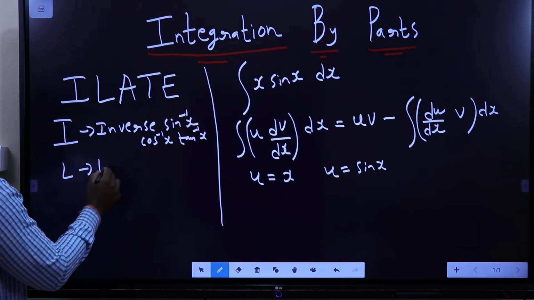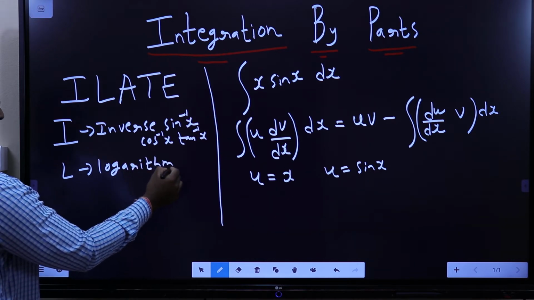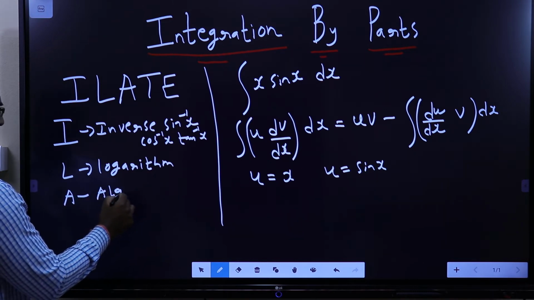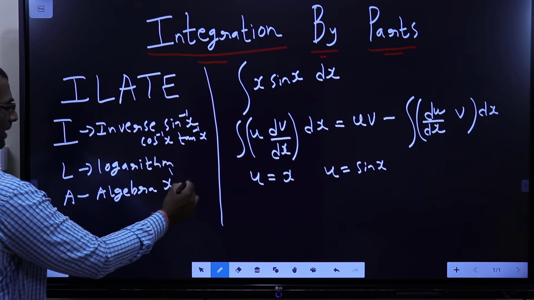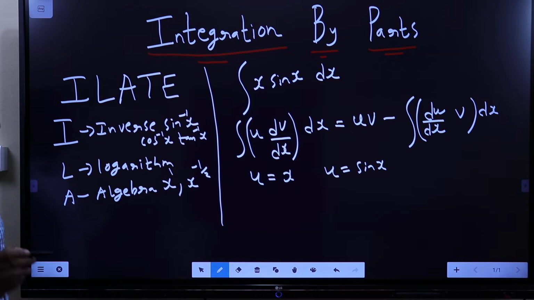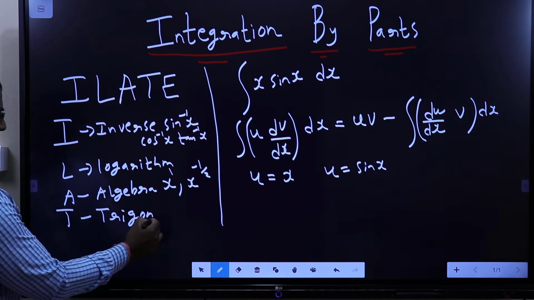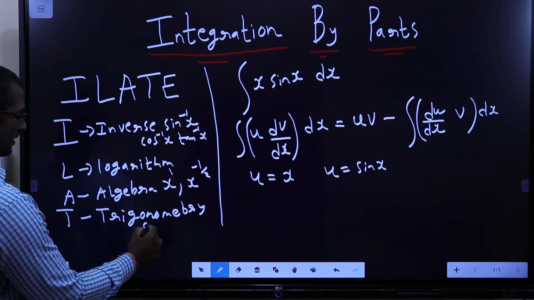L is logarithms, whenever log or ln is included. A is for algebra. X power anything, 1 or x power minus 1 by 2. Everything comes under algebra. T is for trigonometry, means sin x, cos x, tan x.